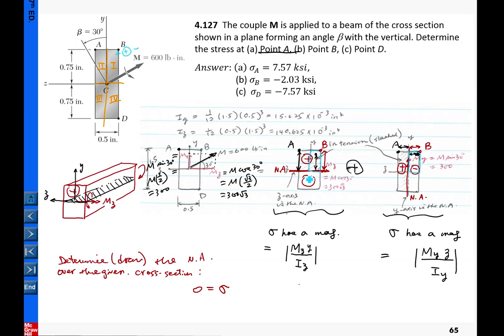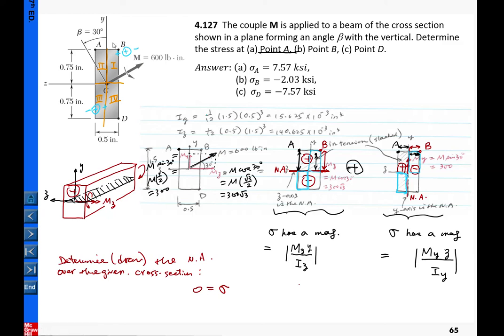In the third quadrant, that is the negative value here, superposed to the positive value here. Okay, so those are the 2 quadrants that very likely will have the superposition of the stress become 0.